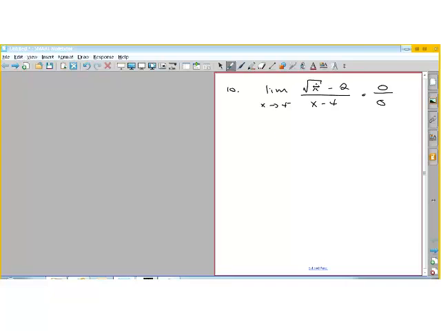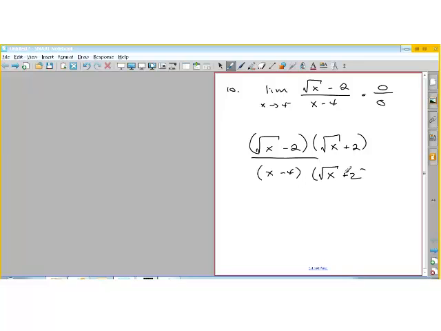Because we have a radical square root sign, we're going to use rationalization. So let's just take the expression, put it in parentheses, do the same thing in the denominator, multiplied by the square root of x plus 2, divided by the square root of x plus 2. Multiply out the numerator and you get x minus 4.